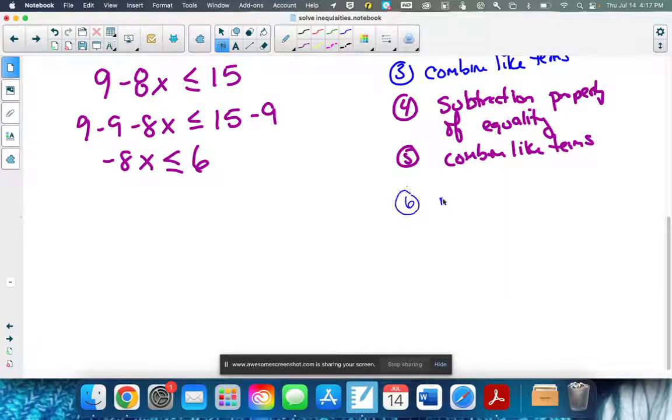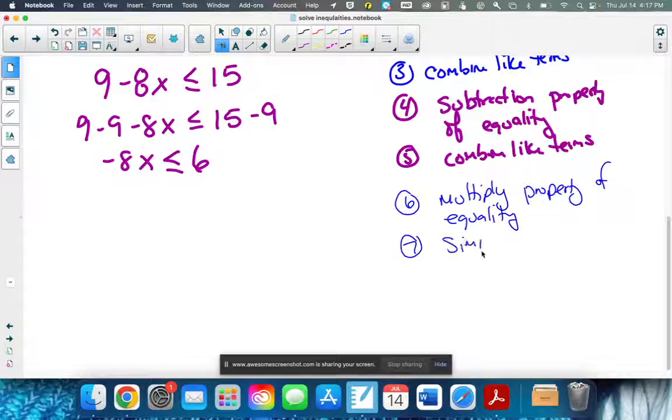Okay, so here's where the interesting part comes in. Multiplication property of equality, and then I have to simplify. That is the rule. Okay, so you need to put a note to yourself somewhere.